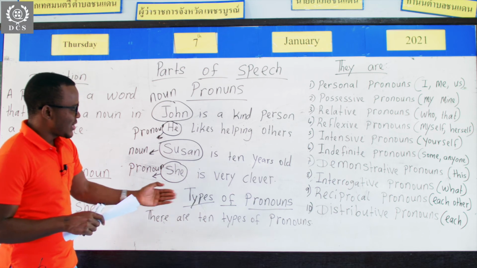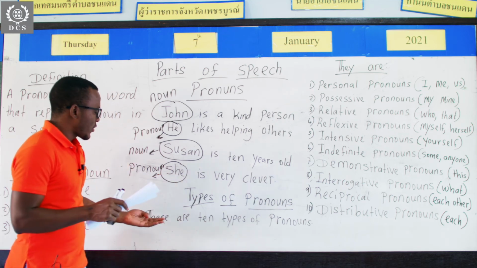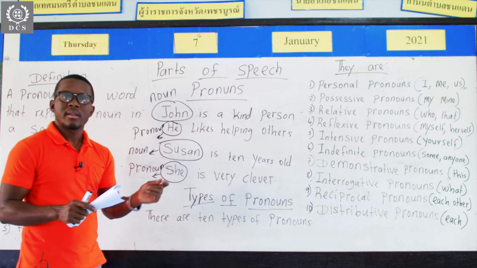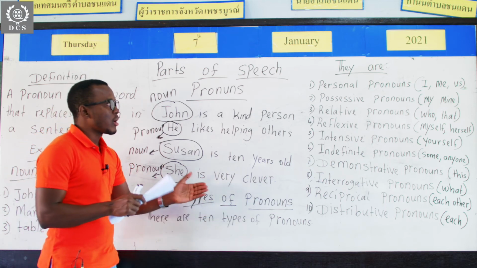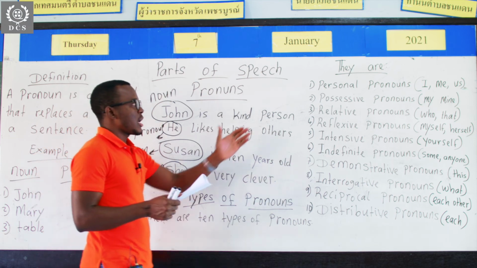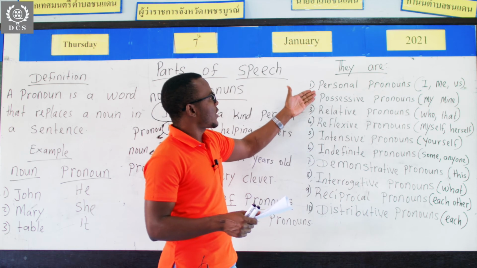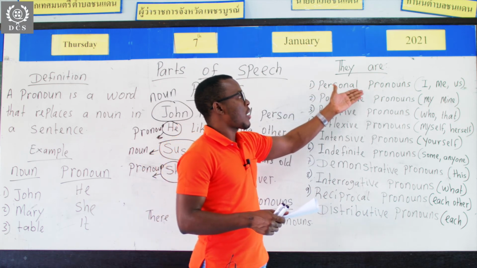So let's continue. There are 10 types of pronouns. And here we have them, all the 10 types of pronouns. So the first one is personal pronouns.